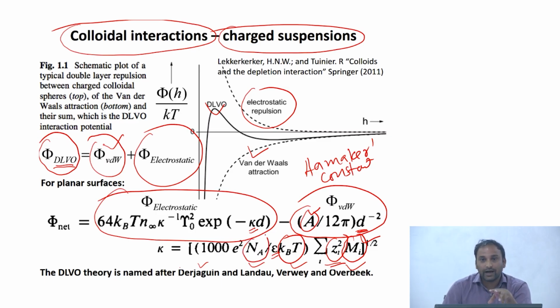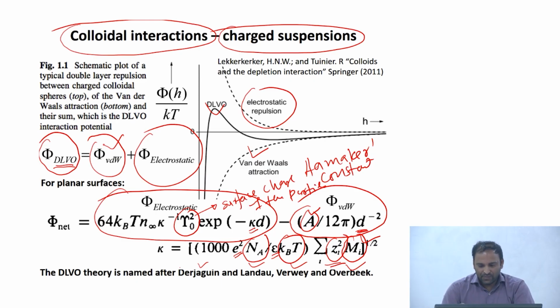Na is the Avogadro number, e is the elementary charge. Plus there's a term called capital gamma squared, which depends on the surface charge of the particle, whether the particle is highly charged or less charged.